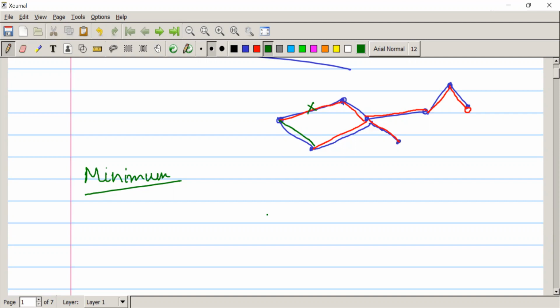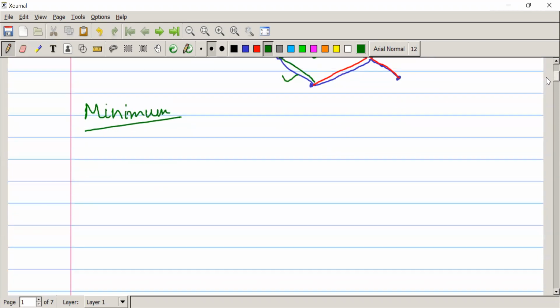And since we are seeking a spanning tree, we'll always have to keep in mind that we cannot add an edge which makes a cycle, right? So these two edges cannot be added simultaneously, right? So formally, this is the idea for Prim's algorithm. Let us see an example.